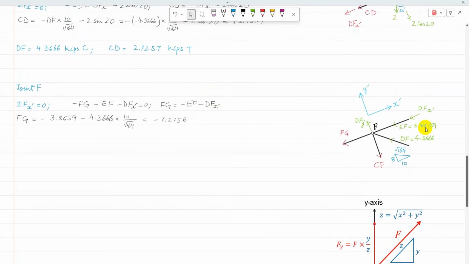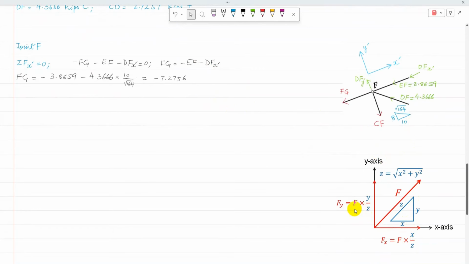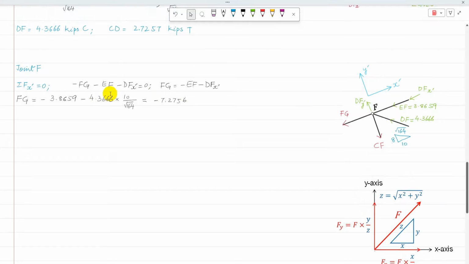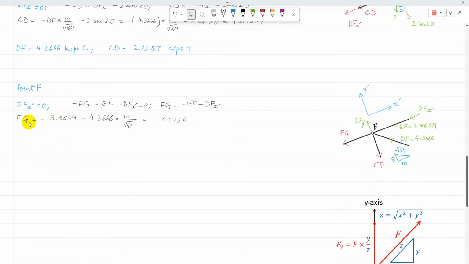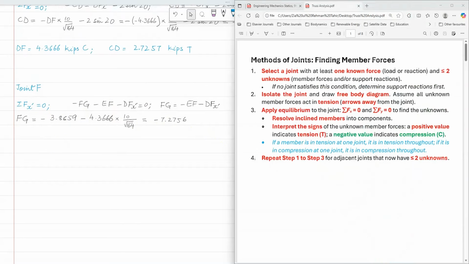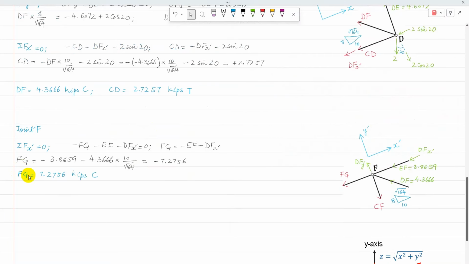EF is already given, and DFx' is calculated using force times the horizontal side of the triangle divided by the hypotenuse, that is DF times 10 over root 164. Solving, FG is minus 7.2756. A negative value indicates compression, so FG is in compression. That is the solution of FG, 7.27 kilopound force compression from joint F.